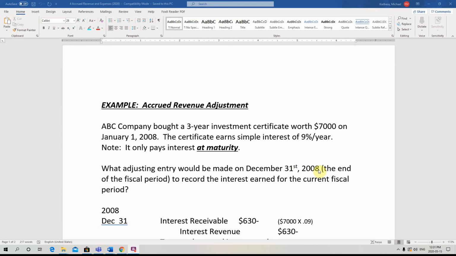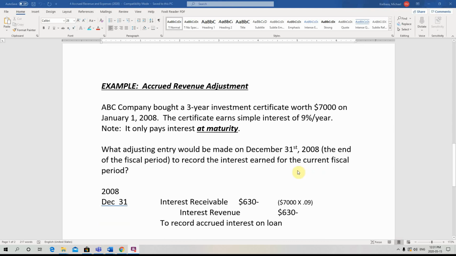Okay, so basically 1 year of interest has accrued at the end of December 2008, right? So we have to calculate how much that is. Each year it's earning 9%.